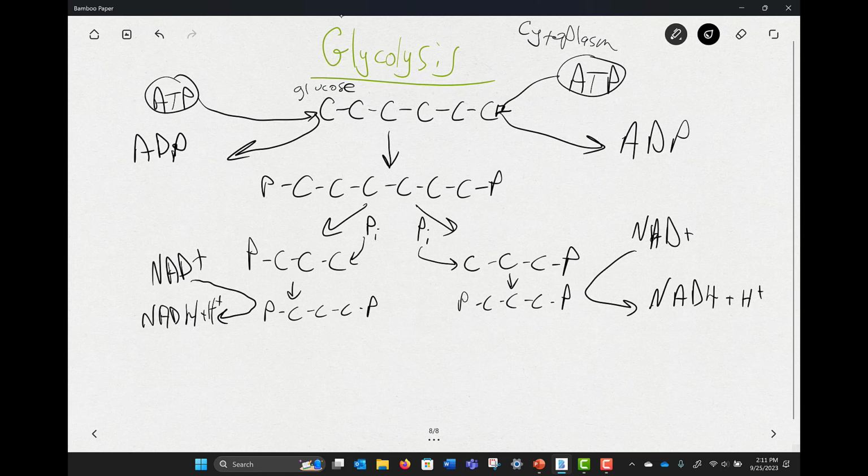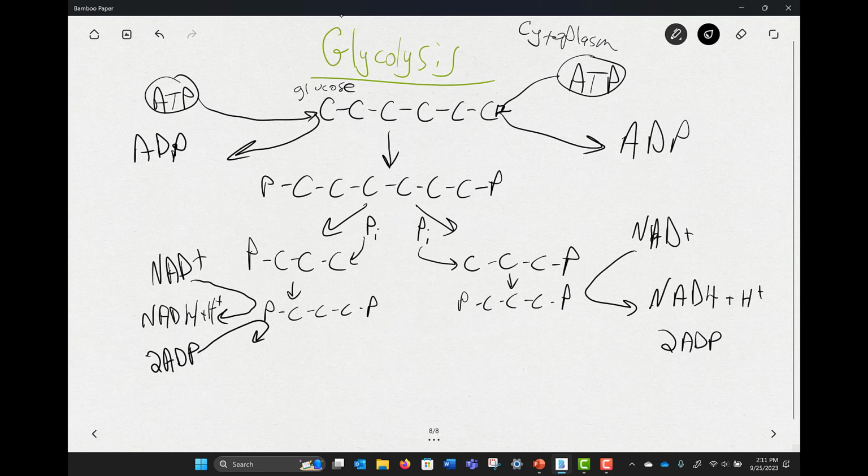Once we remove those electrons and protons, we can now harvest our energy. We're going to have 2 ADP and another 2 ADP. This 2 ADP is going to come out and it's going to grab those phosphate groups.